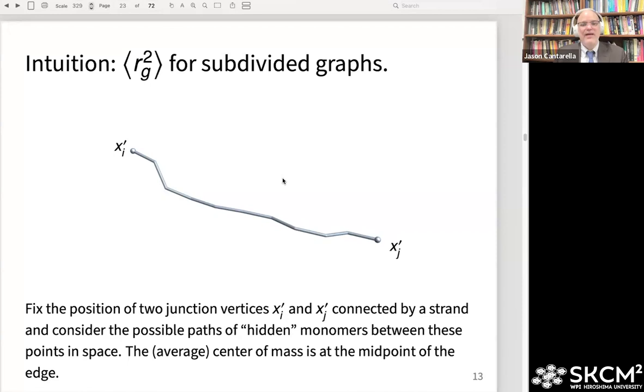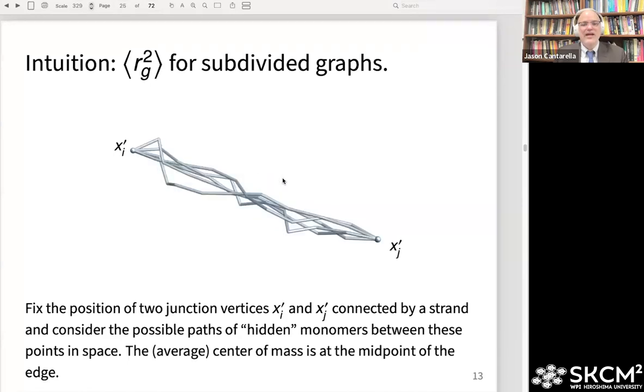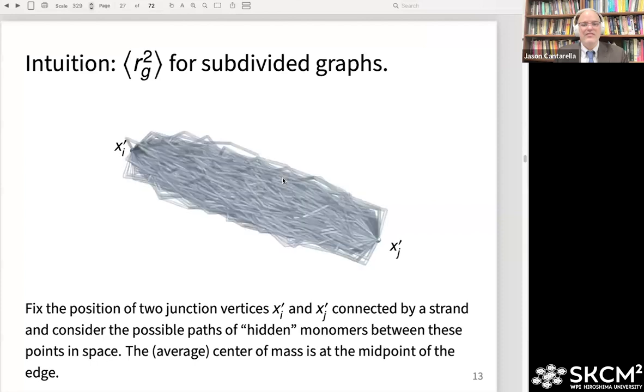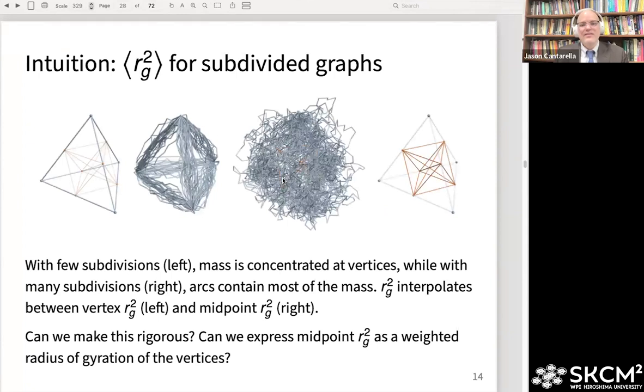So here's one such path, here's two such paths, here's 5, 50, 500. And you can see that these paths are starting to fill out space between the two endpoints. And further, that this volume that the paths could be visiting seems to be centered at the point that's halfway between the two junctions. So here's the picture.